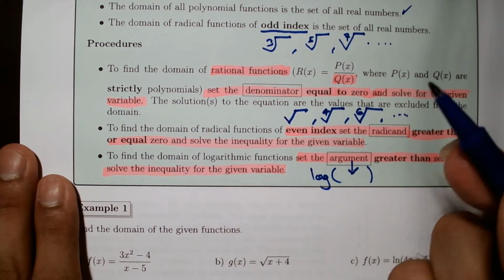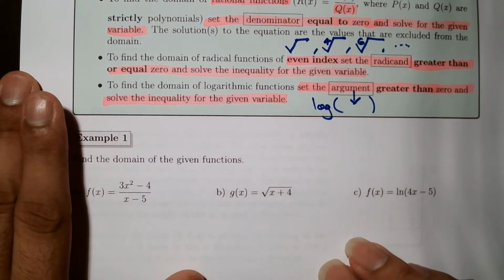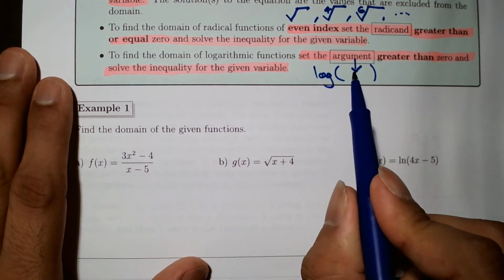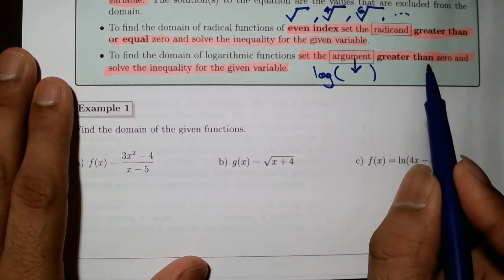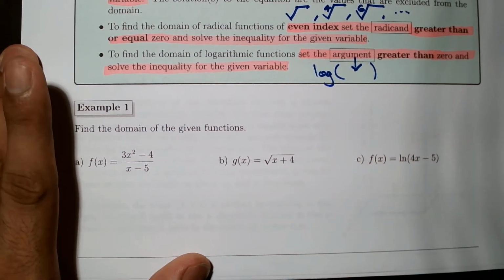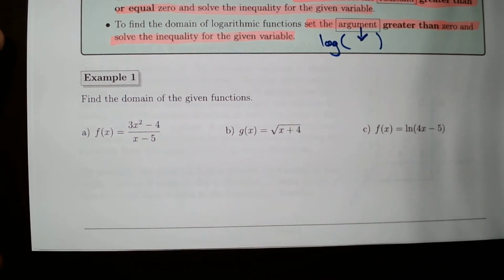We can take the square root of 0, the fourth root of 0, the sixth root of 0, etc. As opposed to that, we cannot take logarithms of 0 and negative numbers. So that's why we set it greater than only. Alright, so let's review this with some basic examples.